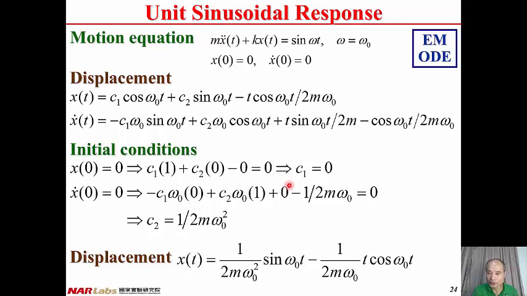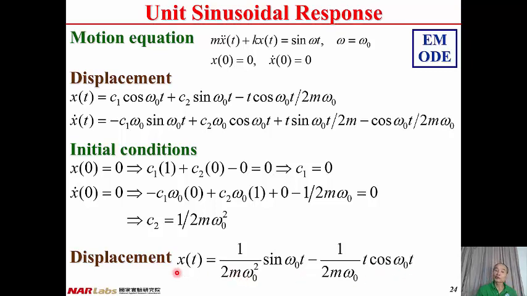Once we have the coefficients c1 and c2, we substitute back to the displacement function. We can have the structural displacement x equal to 1 divided by 2m omega 0 square sine omega 0 t minus 1 divided by 2m omega 0 t cosine omega 0 t.